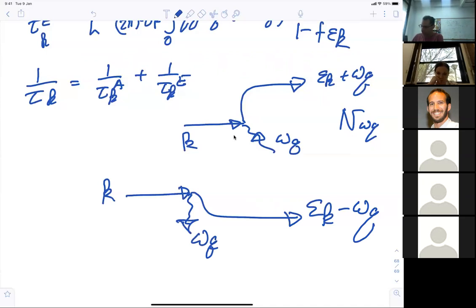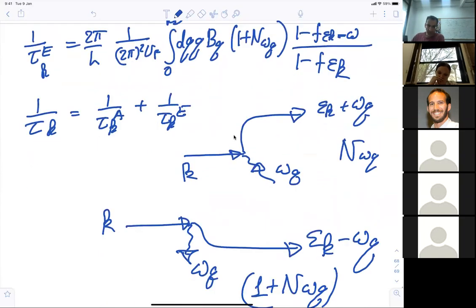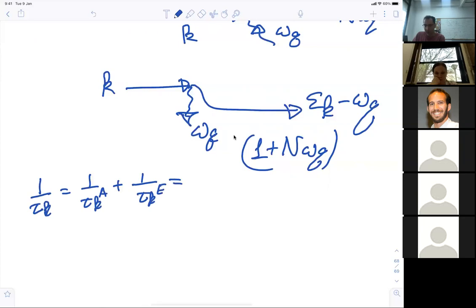Therefore, it comes with 1 plus n omega q. And it loses its energy. That's why here it's epsilon k minus omega. So all of them together are combined into 1 over tau k, which is 1 over tau k absorption plus 1 over tau k emission.